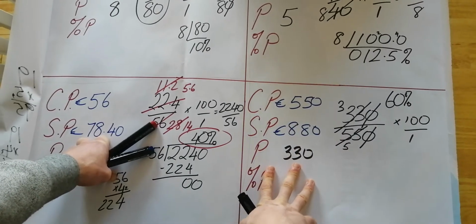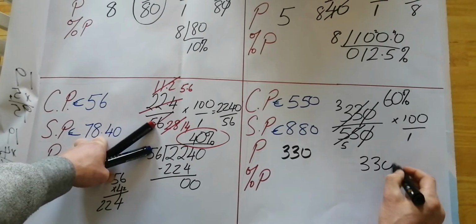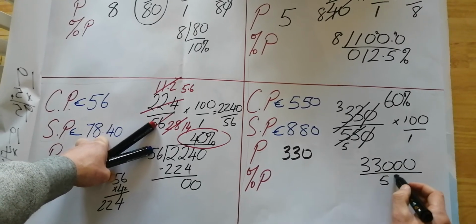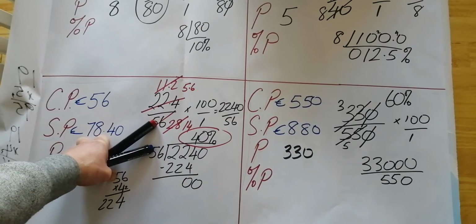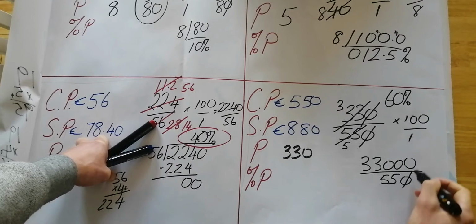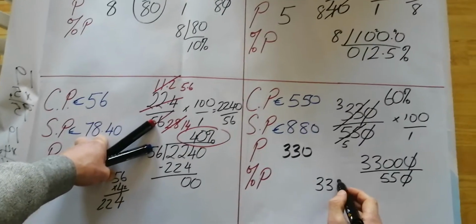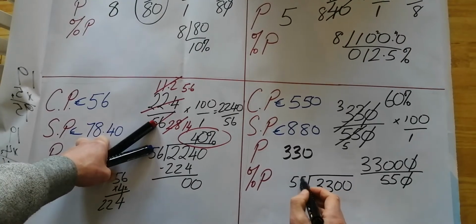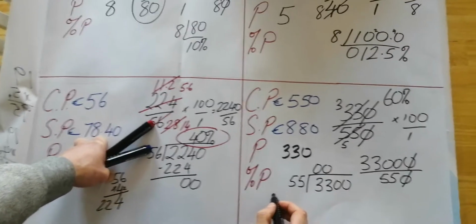Let's say you didn't know that, and you multiplied it out, that should still work. And I'll do it just, we'll knock off those zeros, we'll do it just in case. Five into that, 55 into that won't go, that should go.